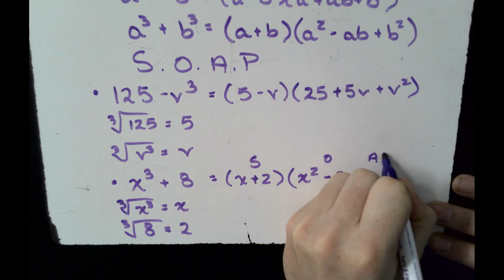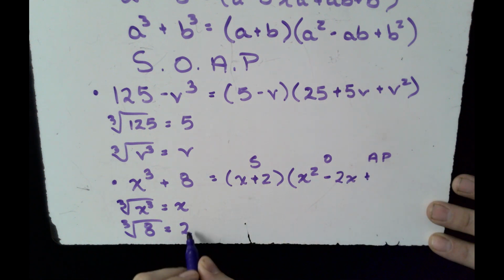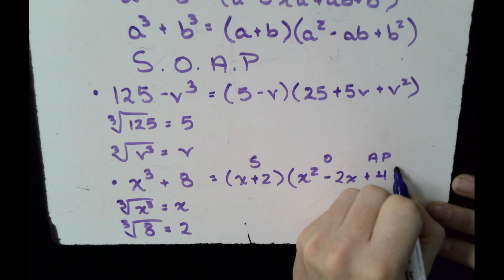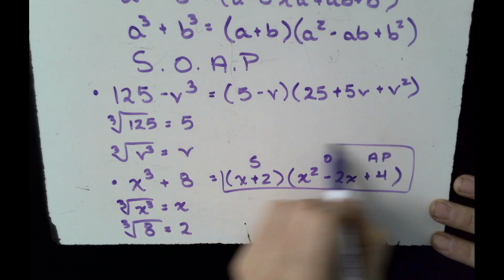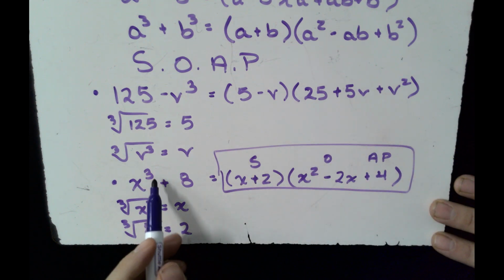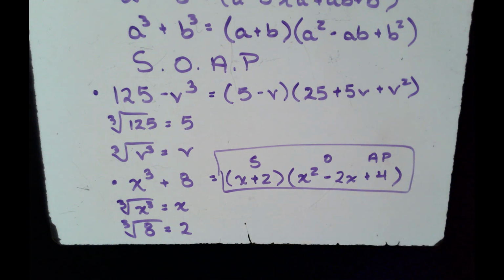And then we have always positive here at the end, so we're going to do plus, and then 2 squared is 4. So this would be the factored form of x cubed plus 8. We would then see if I could try to factor this trinomial. We cannot. So we'll leave it just so. That would be its fully factored form.